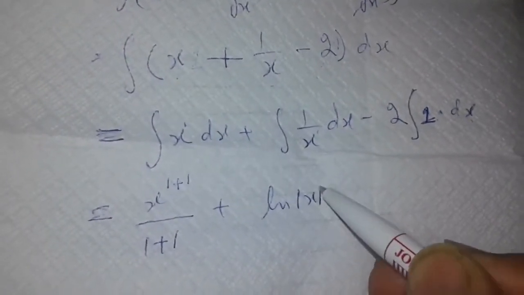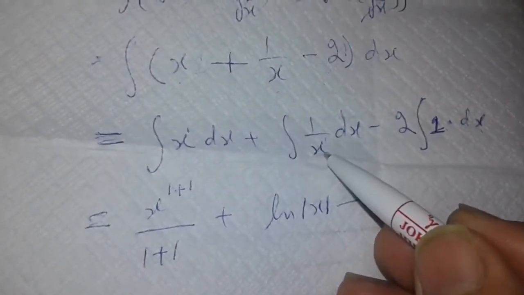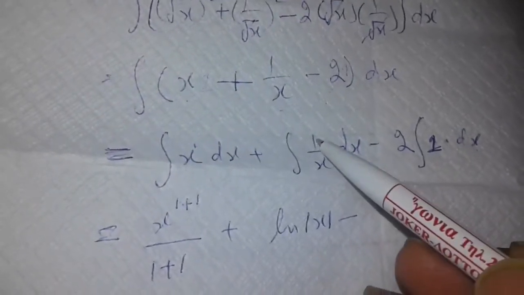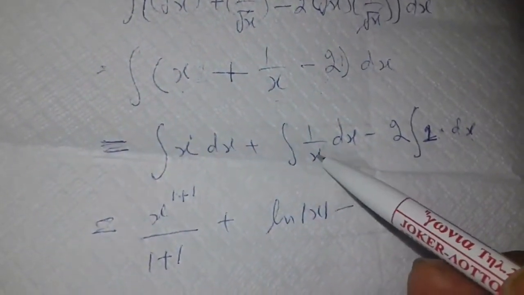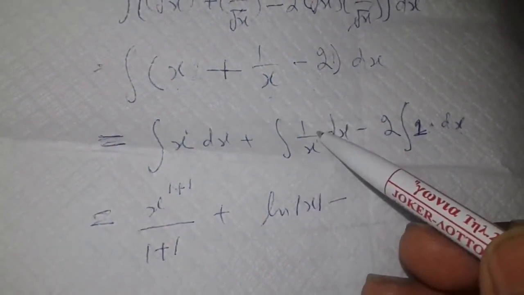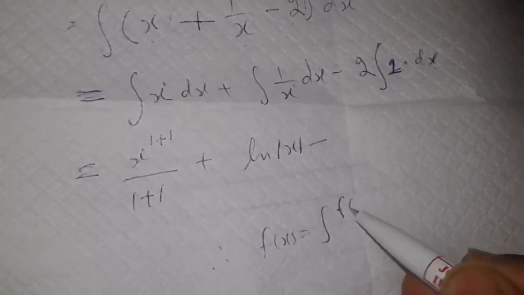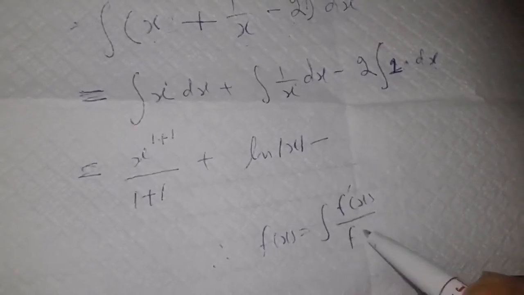Remember it. This is our formula only for x. Why? Because here is the function and here is the derivative of the function. Remember that the integral of f prime of x over f of x is always equal to natural log of f of x.